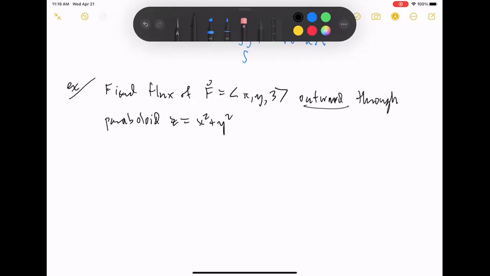Okay, so I want the outward, and let's do this for Z less than or equal to 4.